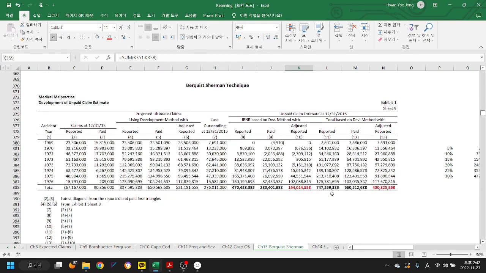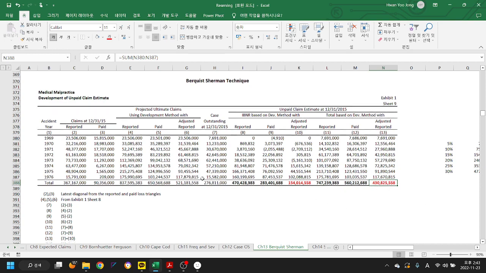So accordingly, the IBNR amount, which was a lot bigger in ILDM, is now a lot less than the PLDM as well. This is just some of the case outstanding, which is like each individual case, and IBNR is a bulk reserve. So the total is a gain.